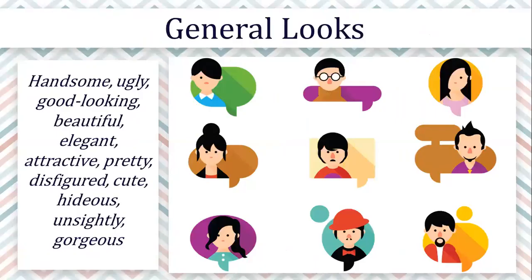The general looks may be that they're handsome, maybe they're ugly. It's actually the look which you perceive the moment you look at the person. They can be gorgeous, they can be hideous. If you're talking about a story, maybe they can be attractive, pretty, disfigured, cute, elegant, intelligent, whatever they look like.